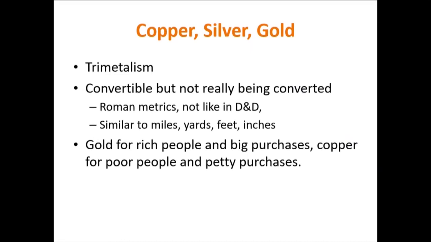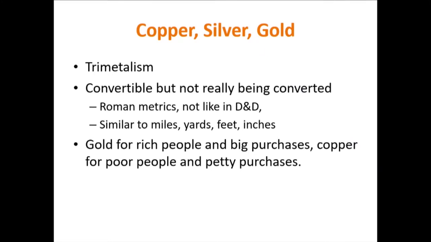Trimetallism, to some extent, was used officially only in Japan. They had legal tender in three metals: copper, silver, and gold. But unofficially, it was used, well, everywhere, pretty much. And these monies of different metals, like silver coins and golden coins, were convertible, but not really converted, in fact.